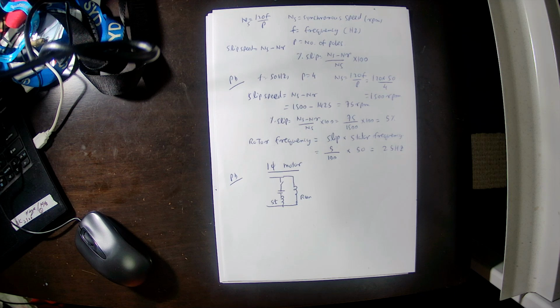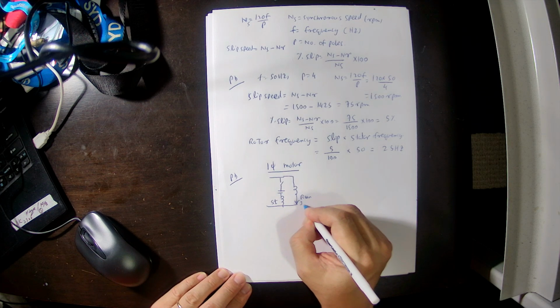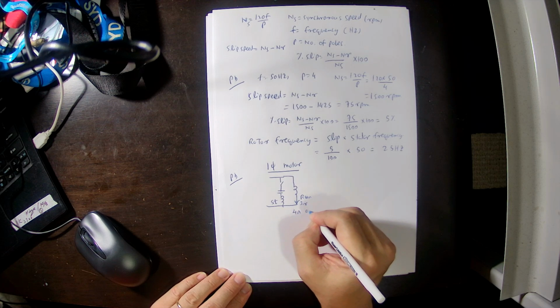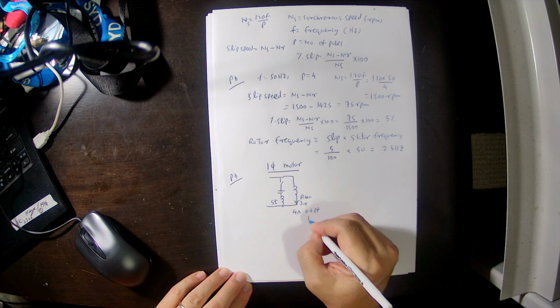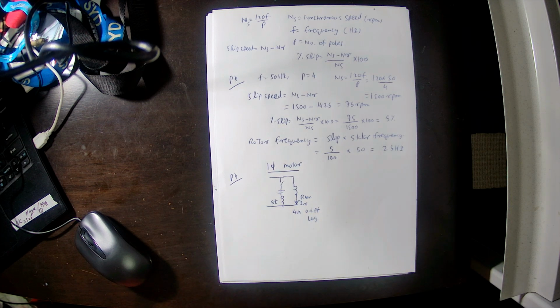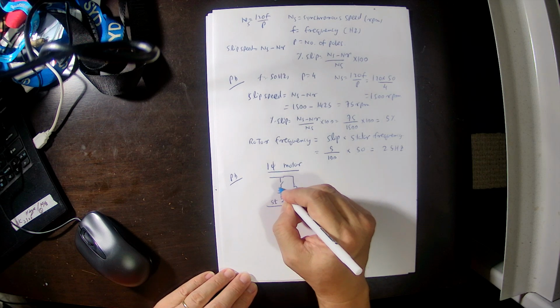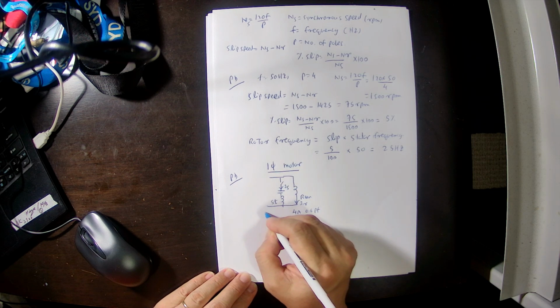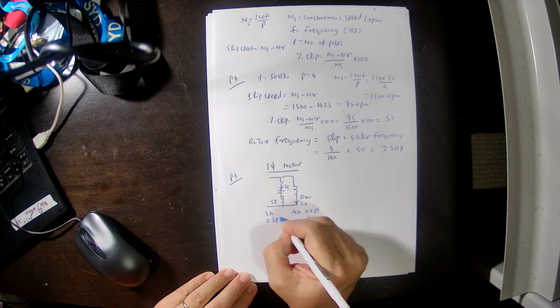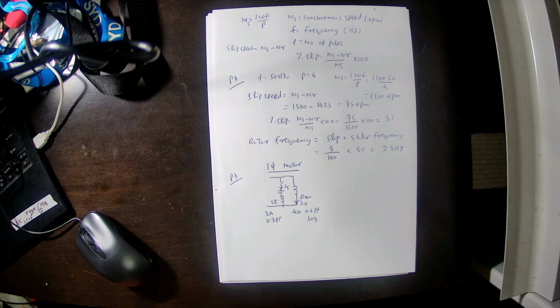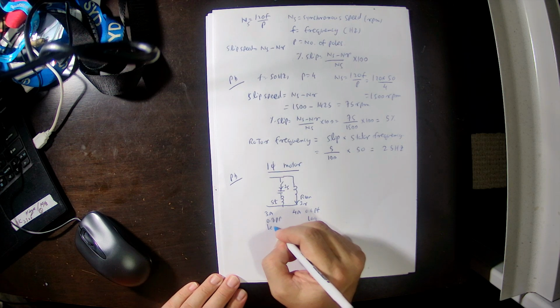So we can draw the current diagram. In this case, the running winding takes 4 ampere at 0.6 power factor lagging. So this is Ir, 4 ampere, 0.6 power factor lagging. And the starting winding takes 3 ampere at 0.8 power factor leading.